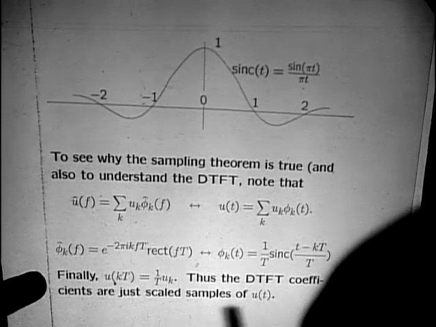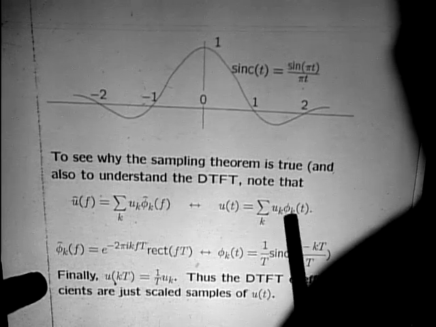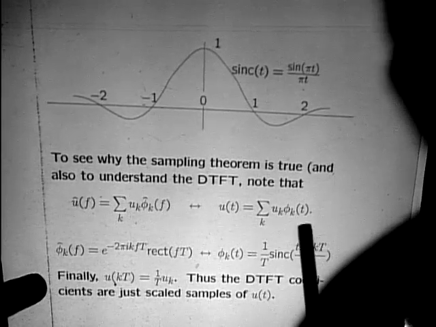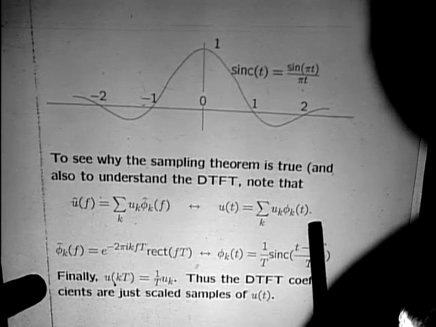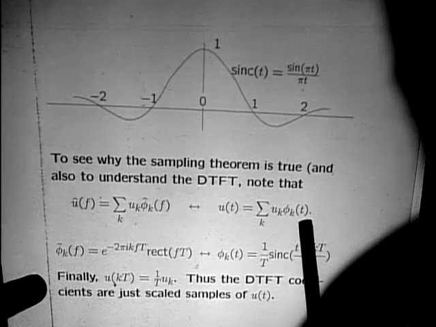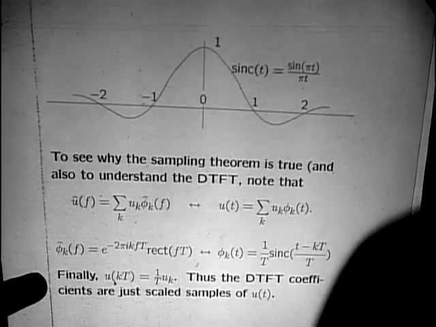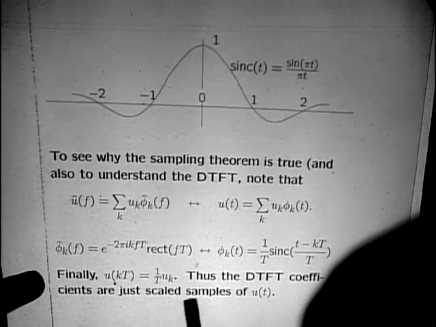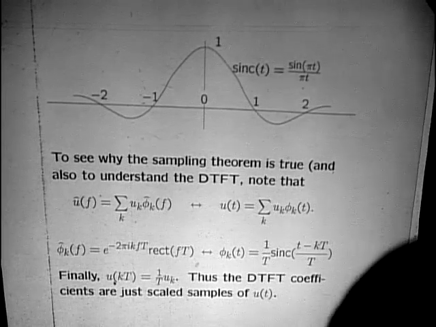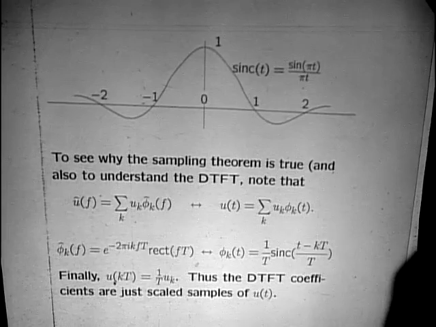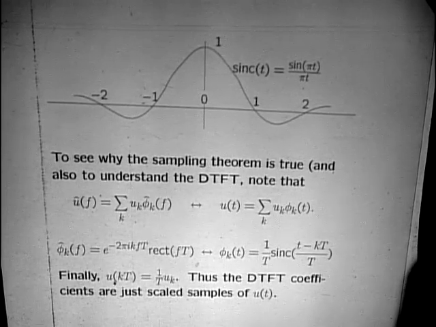So if I look at u of kT, it's a sum over k of phi_k of kT, and phi_k of kT is only 1 when little t is equal to k times capital T, and therefore I get that point there. Therefore, u of kT is just 1 over T times u_k.